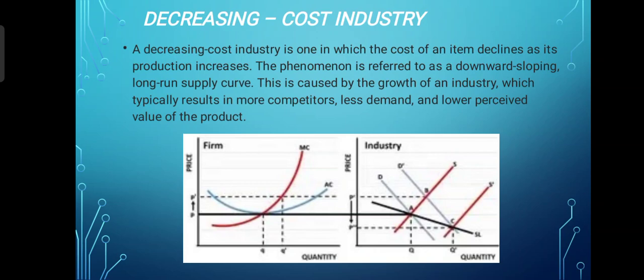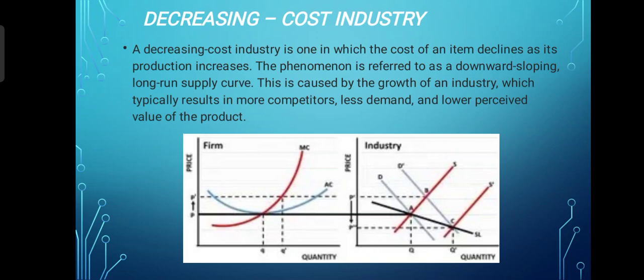Depending on the nature of the business, decreasing cost industry can either cause the decline of a company or simply be a part of its natural evolution. In some cases, decreasing cost industry happens because an increase in production does not significantly affect the cost of producing the product. This is common with knowledge-based products such as software.